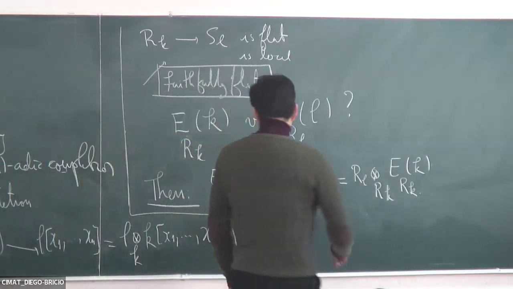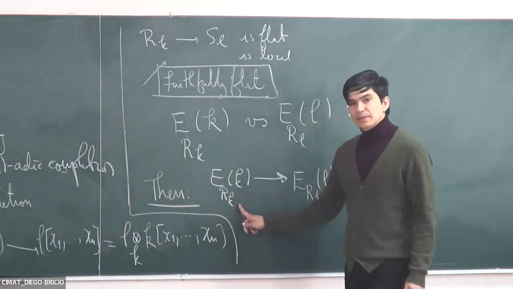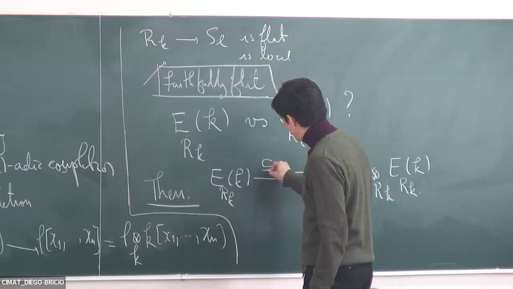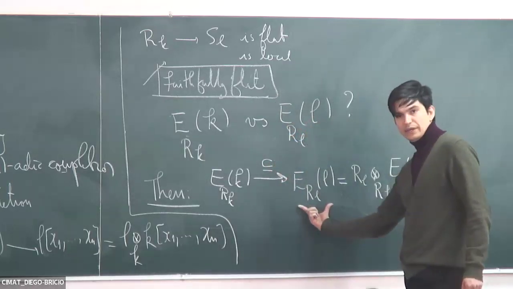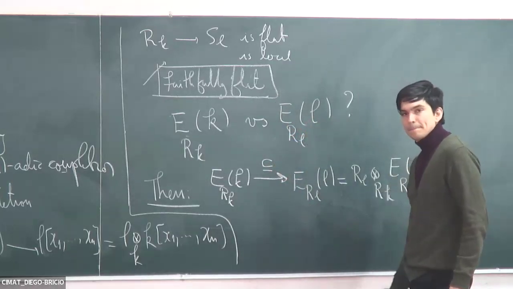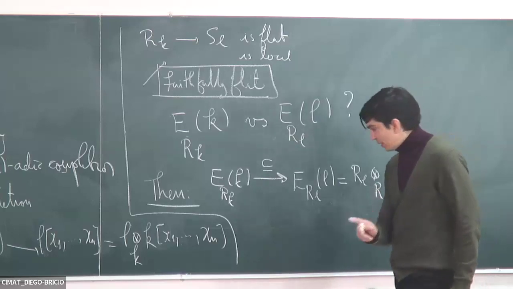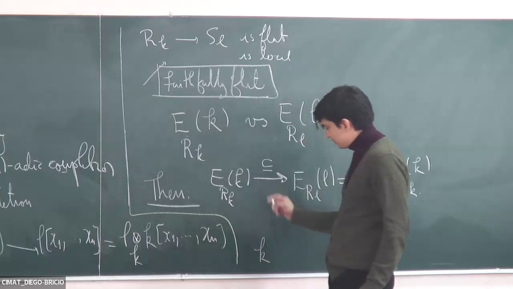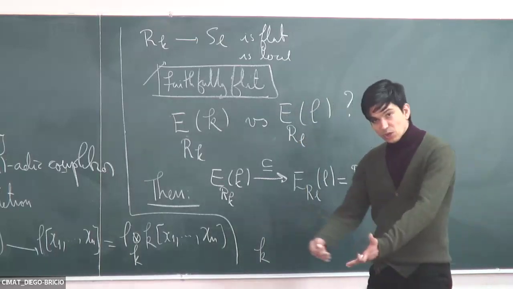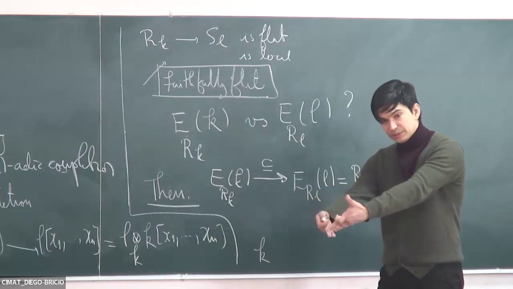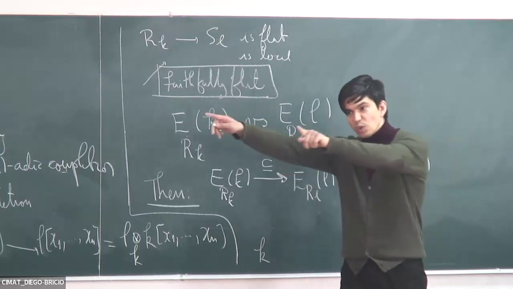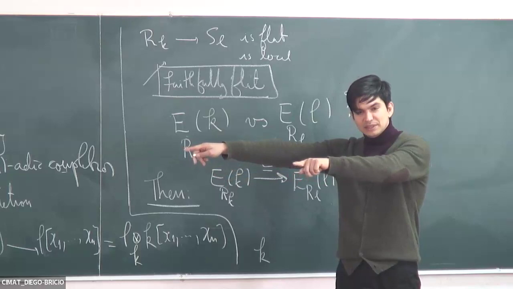Conclusion, you can say that this injective hull here is inside, you can think of this as an inclusion, the injective hull over L. And moreover, we can also see that the socle is preserved under this inclusion because the socle element goes to the socle element, right? 1 over x1 through xn goes to 1 over x1 through xn.